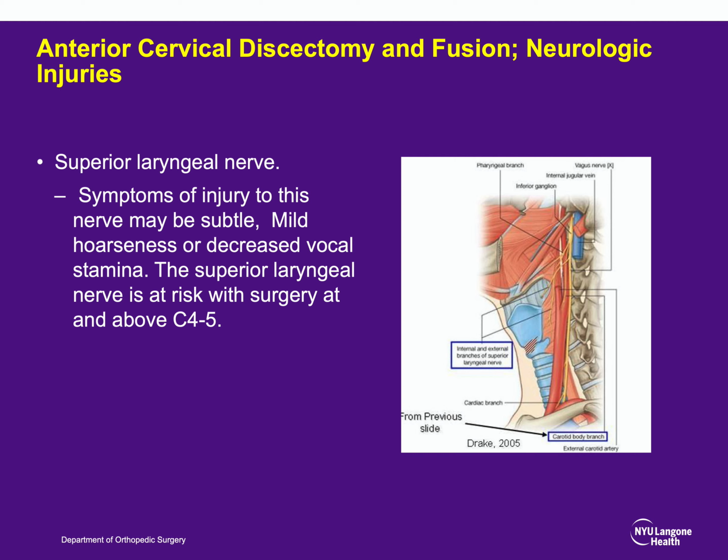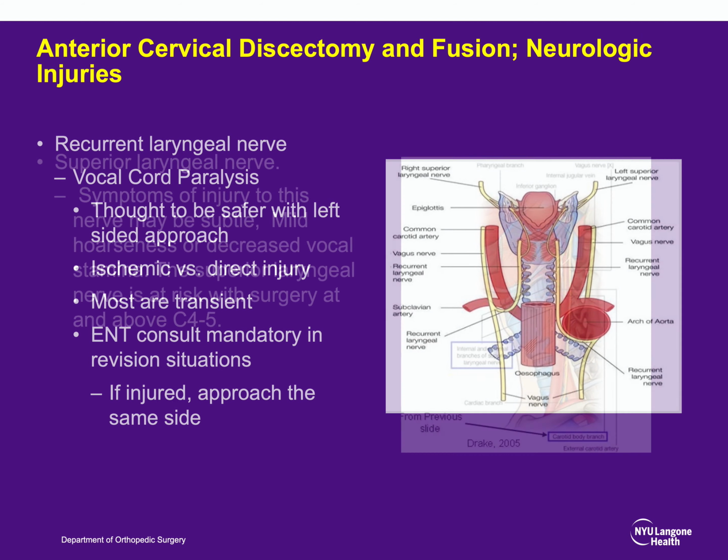Superior laryngeal nerve is anterior to the C3-4, but more commonly C4-5 disc space, so this can be also asked as well. The symptoms arising from superior laryngeal nerve injury are not as obvious as recurrent laryngeal nerve, as it may manifest with mild hoarseness of the voice with decreased vocal stamina.